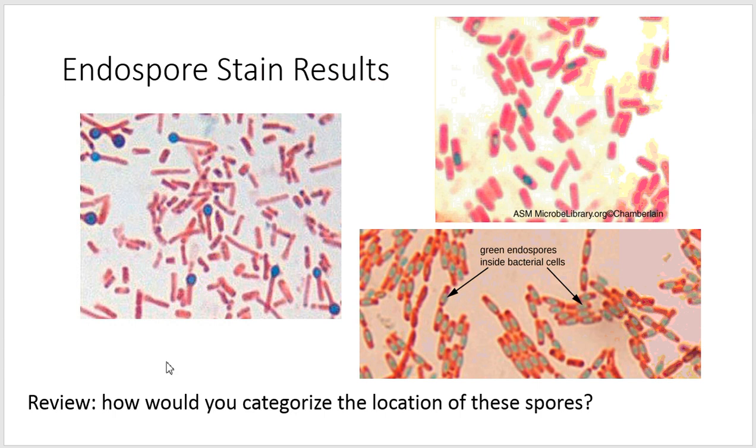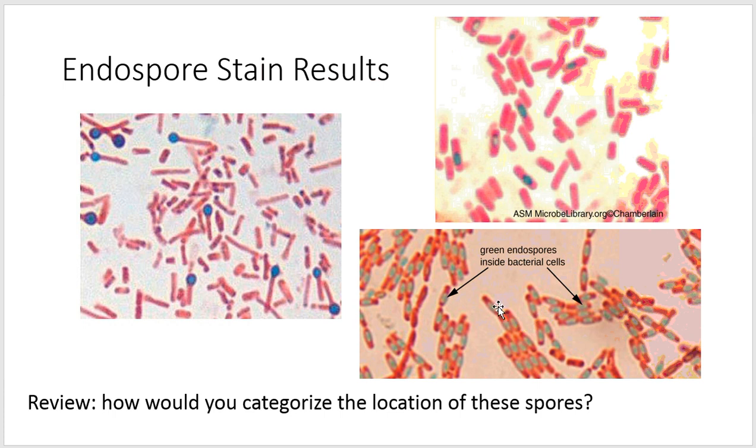Over here, the endospores are stained green, which is pretty typical, green or dark blue. The endospores look like they're subterminal, they're not quite central. And here's another image where these guys look pretty much central. The endospores are the green structures, the rest of the cell is stained red.